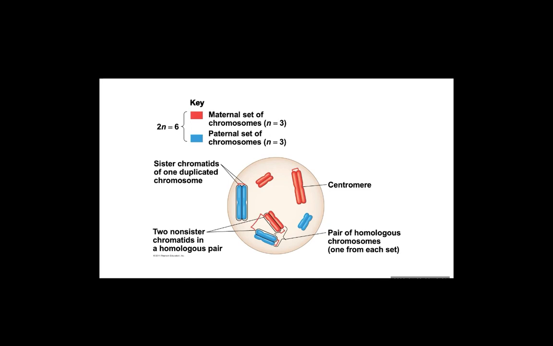How can non-sister chromatids come out? Non-sister chromatids can be described between a pair of homologous chromosomes. Once a single chromosome duplicates, it forms two sister chromatids, which we simply call sister chromatids. But when you put these duplicated chromosomes side by side, this and this is going to be what?